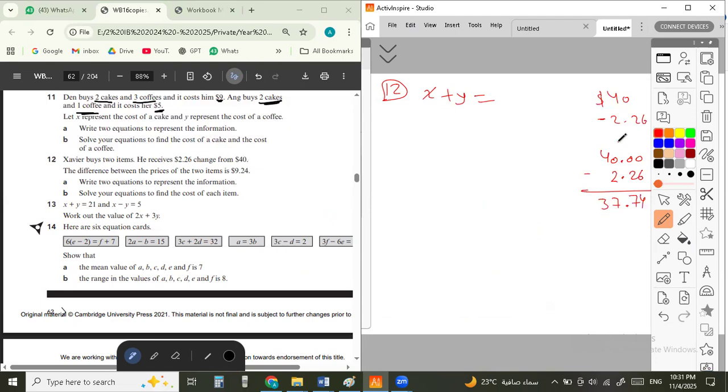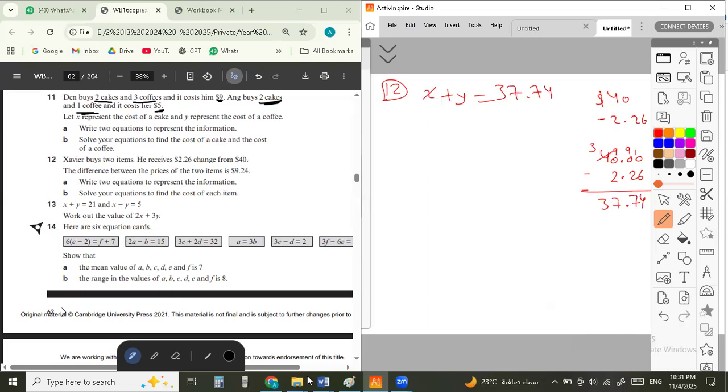Borrowing, no problem at all. Just 4, borrow from it is 3. This becomes 9, this becomes 9, this becomes 10. Minus 6 is 4. 9 minus 2 is 7. 9 minus 2 is 7. And here's the 3. Anyway, the cost of both of them together is 37.74.